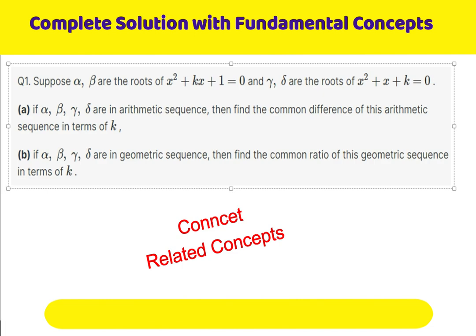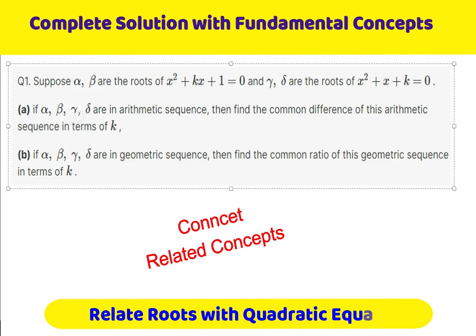So the question here is, suppose alpha, beta are roots of x squared plus kx plus 1 equals 0, and gamma, delta are roots of x squared plus x plus k equals 0. Part A of the question is, if alpha, beta, gamma, delta are in arithmetic sequence, then find the common difference of these arithmetic sequences in terms of k.